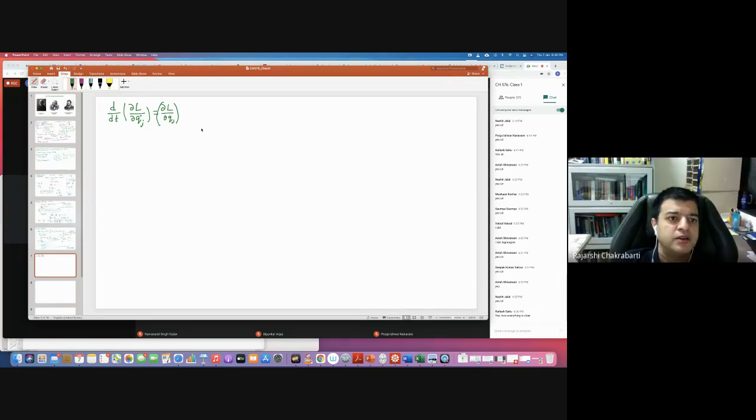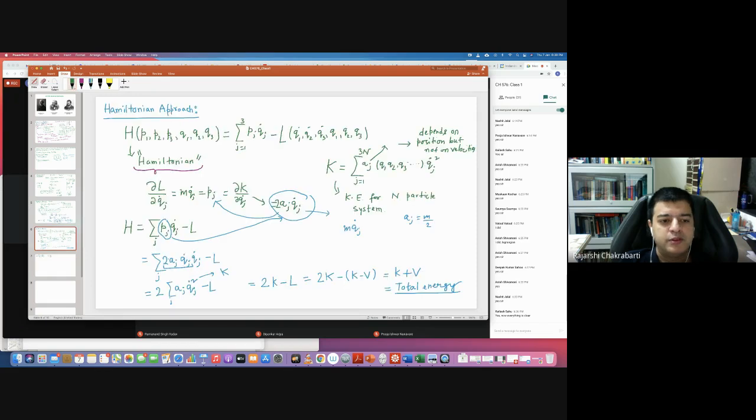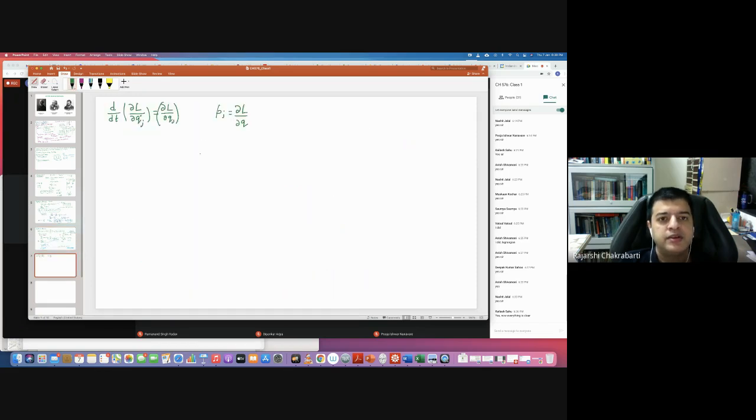So this is the Lagrangian equation of motion. And you remember that Pj, your momentum, is nothing but the derivative of the Lagrangian with respect to Qj dot, isn't it? So this is your Pj. Is this fine?